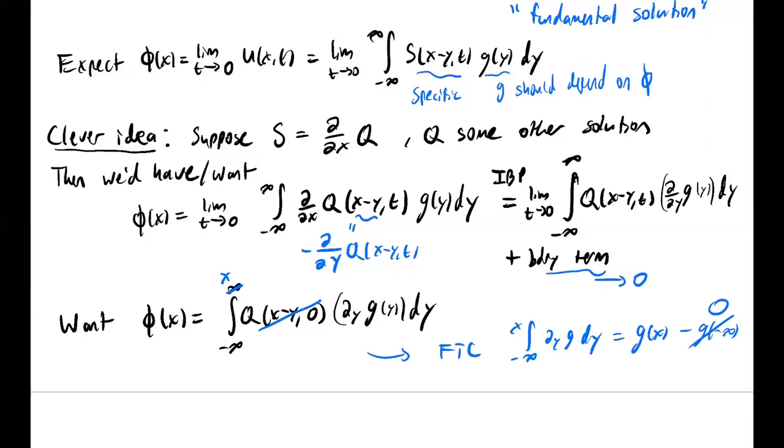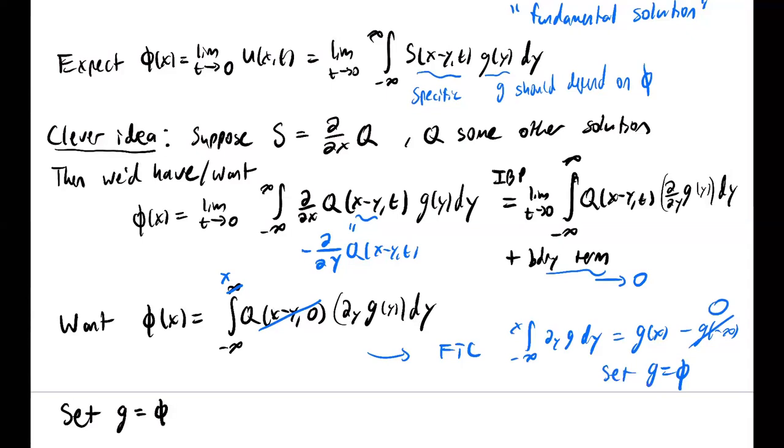And I want that to be equal to phi. So if I set g equal to phi, that would work, as long as I can make this first step over here where I crossed off the infinity with the x work. And so what we're going to do now is just set g equal to phi, which is a reasonable thing to try because it has to depend on phi in some way. So just try the easiest thing first.